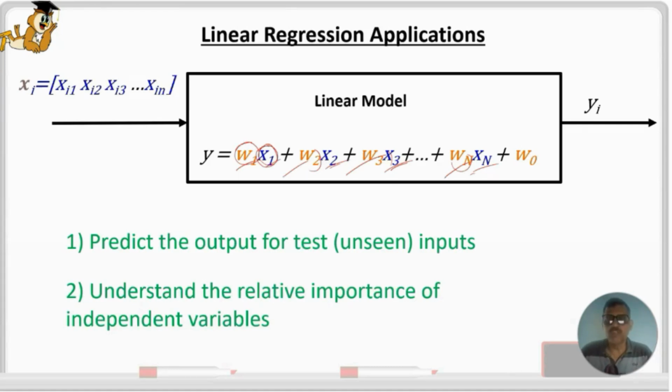For example, if X3 was measured in kilograms versus grams, the ideal W3 would be scaled appropriately. If X3 was in kgs, W3 would be a lot higher; if it was in grams, W3 would be a lot smaller.